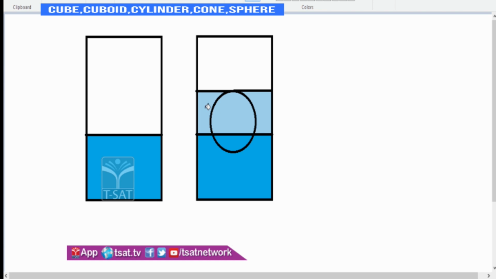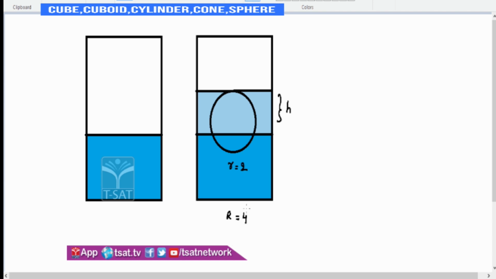I am indicating it by the lighter color. So this increase is also in the shape of a cylinder. It is h. Radius of sphere is equal to 2. Radius of cylinder is equal to 4.